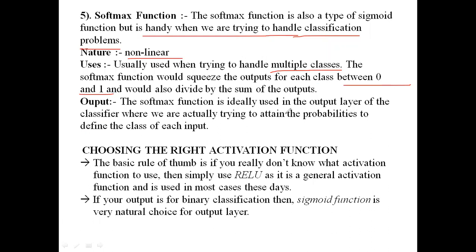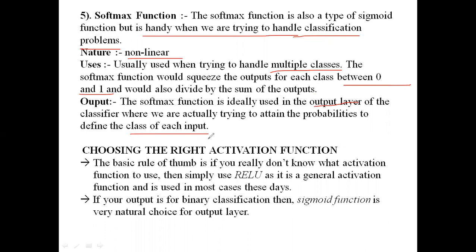This function is also used at the output layer of the classifier, where we are trying to attain the probabilities to define the class of each input. If you want to get more than 2 outputs, then you use this softmax function within 0 to 1.